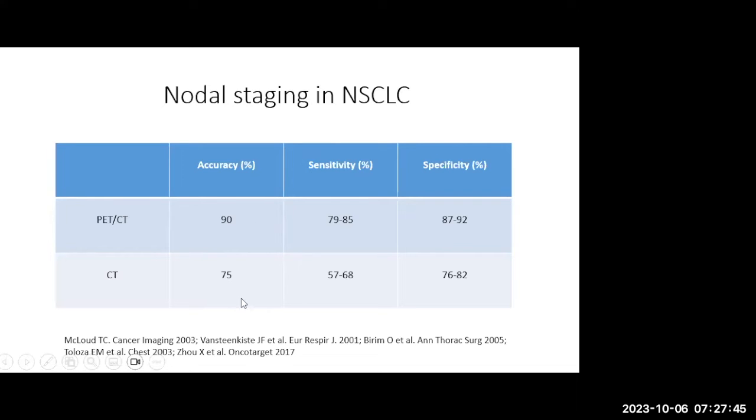You can see here at a glance for PET-CT, the accuracy is 90% versus 75% for CT. Sensitivity is 75 to 85 for PET-CT, 57 to 68 for CT, and specificity is 87 to 92 for PET-CT and about 76 to 82 for CT. So you might be asking, why such a huge difference? Well, I'm going to show you a case that may speak for itself.